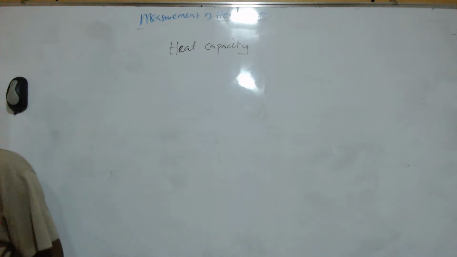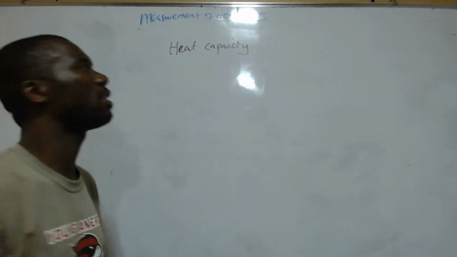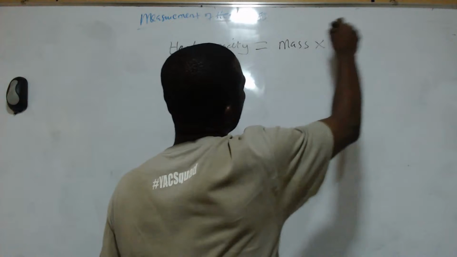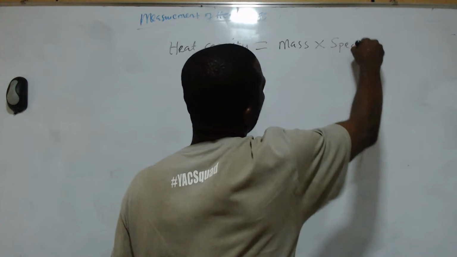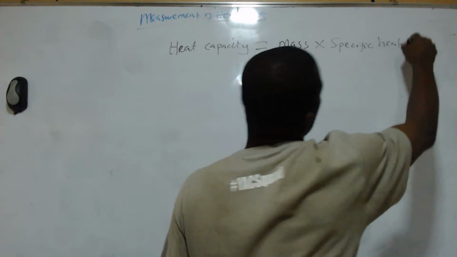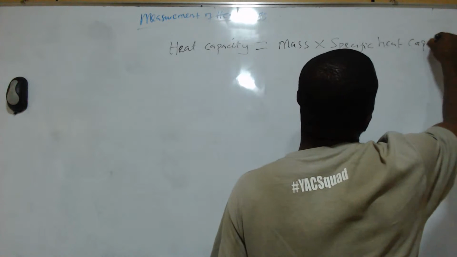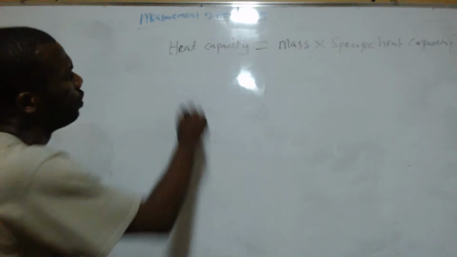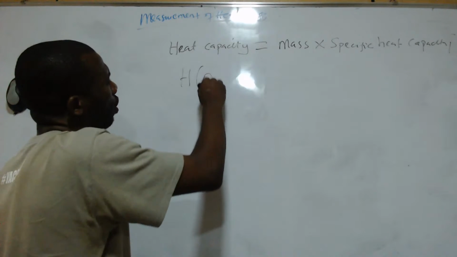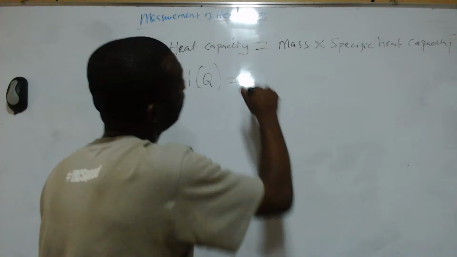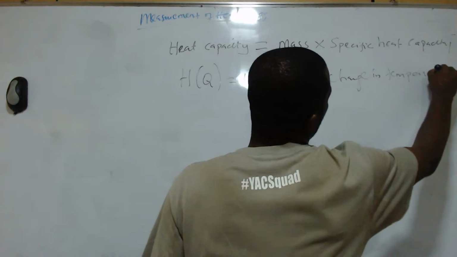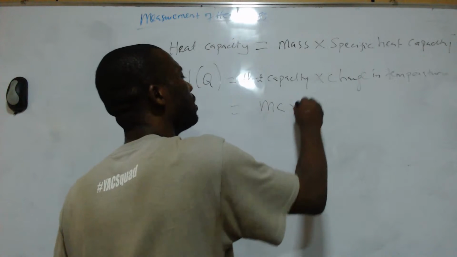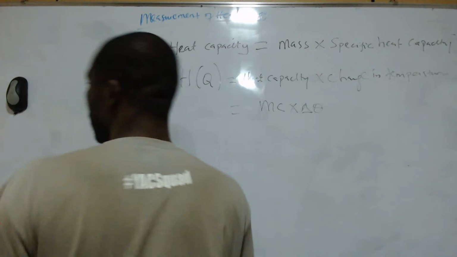The heat capacity is the product of mass and specific heat capacity. So that means we have mass times specific heat capacity. Now, quantity of heat Q or H, either H or Q, is equal to heat capacity, which is mass times specific heat capacity, times delta theta, mathematically.